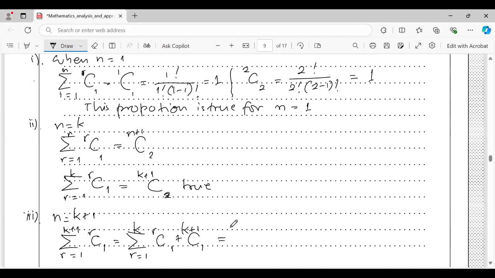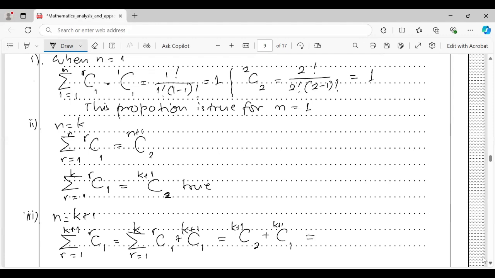So according to this equation, this sigma equals this combination k plus 1 and 2. So this sigma becomes combination k plus 1, 2, for this part. And now we are going to write this one, k plus 1 and 1.